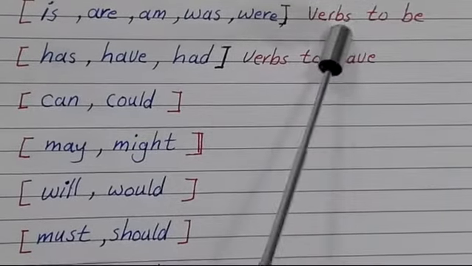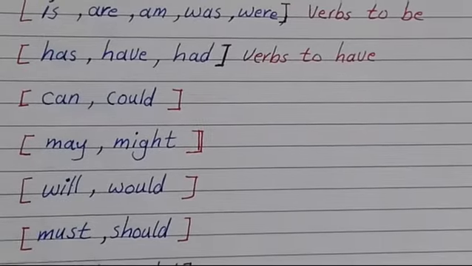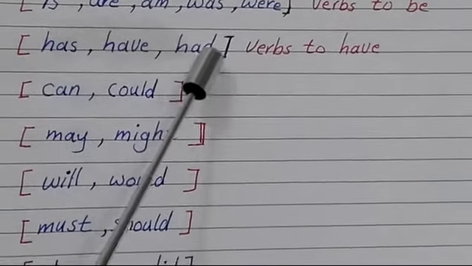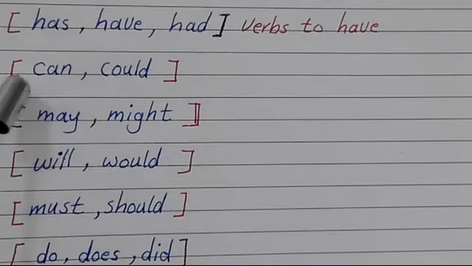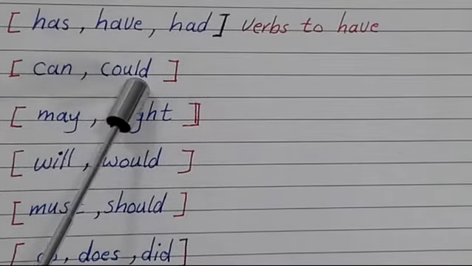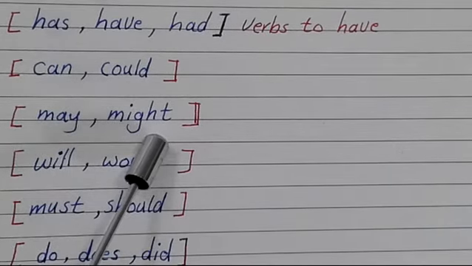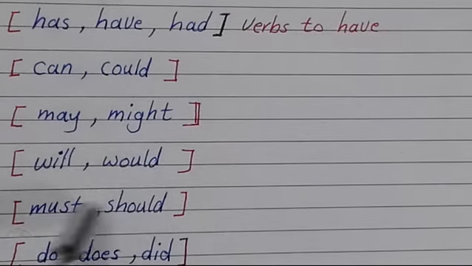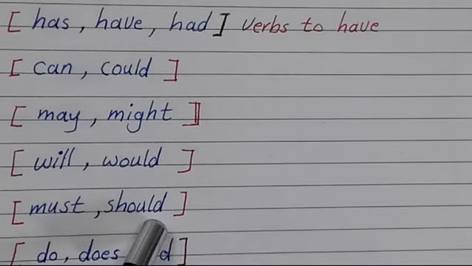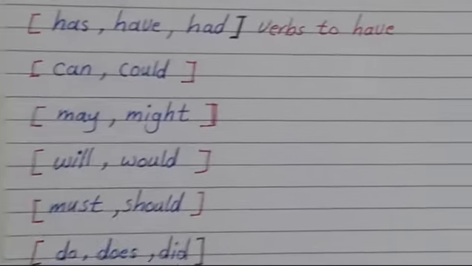These are the verbs to be، هذه هي أفعال الكينونة. has، have، had، verbs to have، هذه أفعال التملك. can، could، هذه أفعال القدرة. may، might، أفعال الاحتمال. will and would، أفعال المستقبل. must and should، أفعال الوجوب والاستحسان. do and does and did، أفعال العمل كما يعبر عنها.